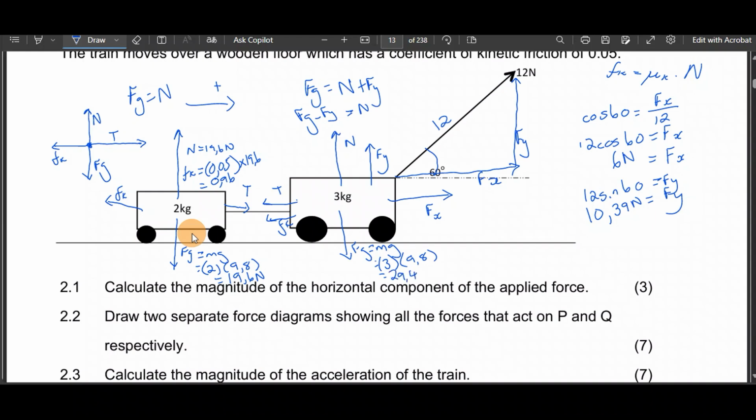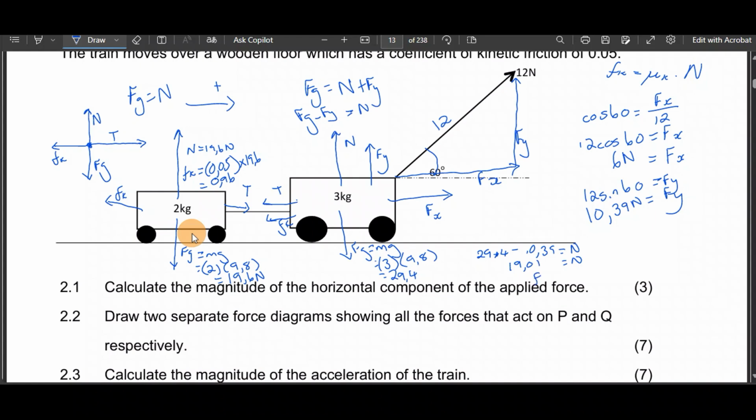Okay, but now the difference, remember that because we have a vertical component, we now have this minus the Fy which we had here. So we now have 29.4 minus the 10.39 is equal to the normal, right? So our normal force would be 19.01.